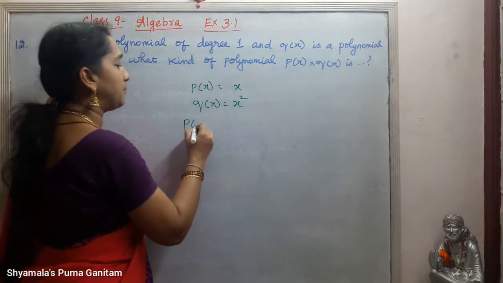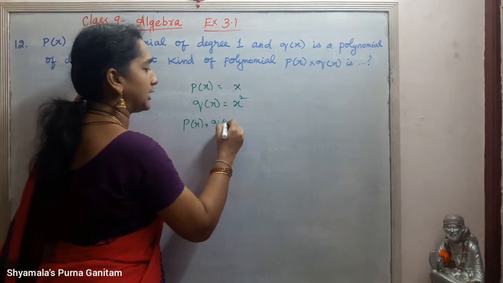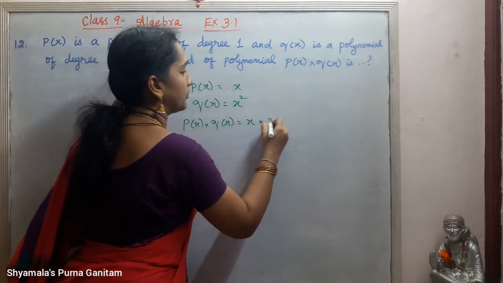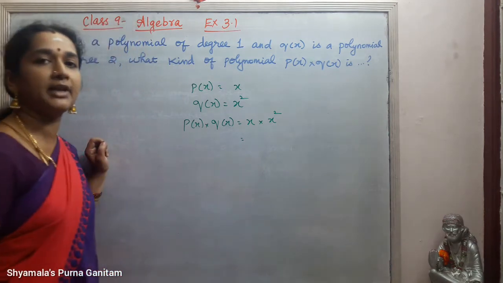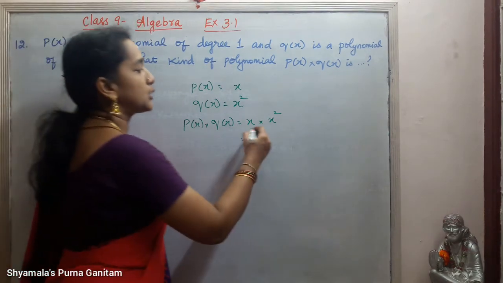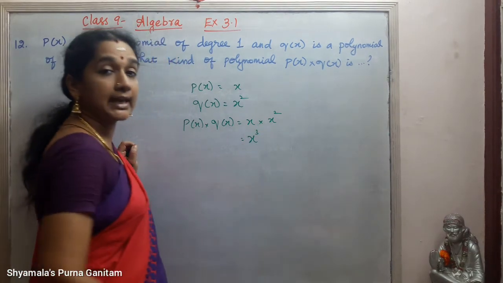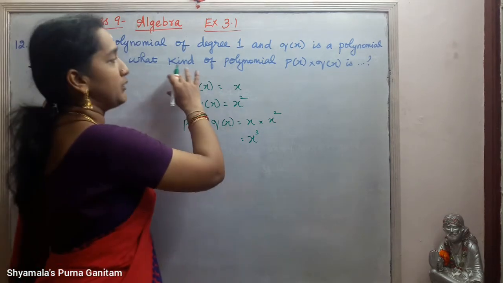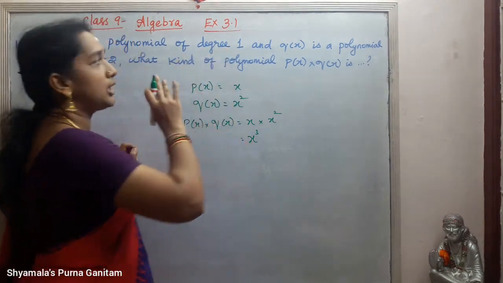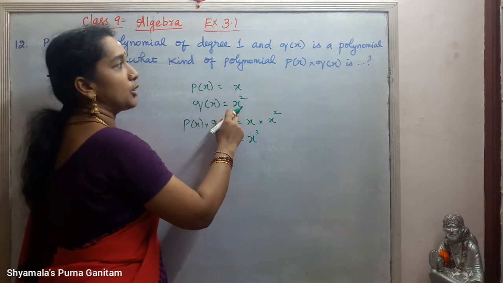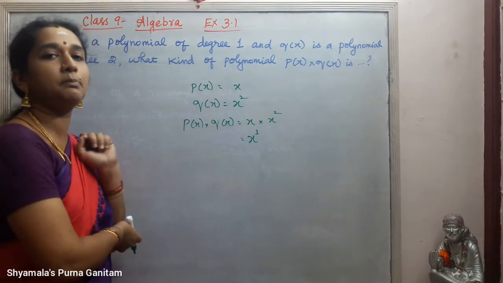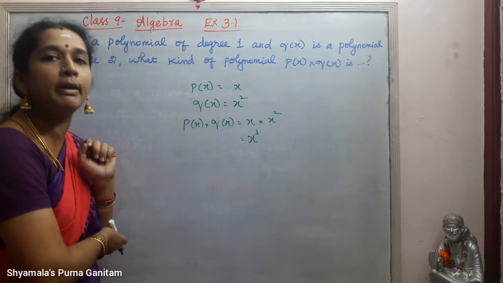So when we multiply p of x and q of x, here for example I have taken x and x squared, when we multiply this, we will get x cube. That is, when we multiply a polynomial of degree 1 and a polynomial of degree 2, the resultant polynomial will be a cubic polynomial.